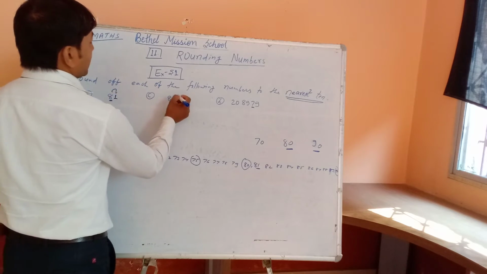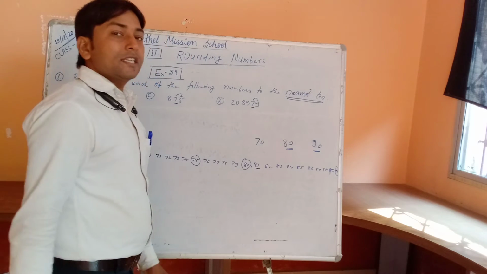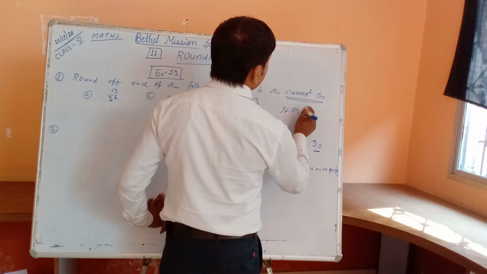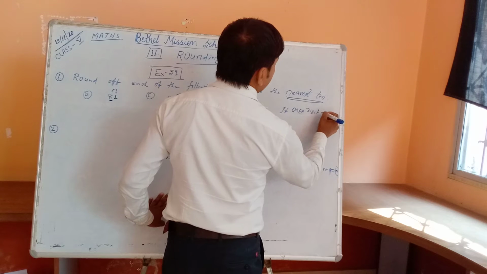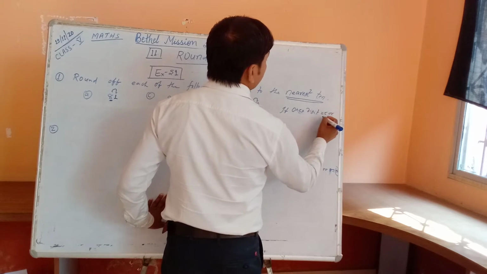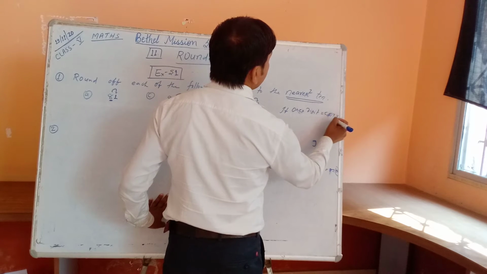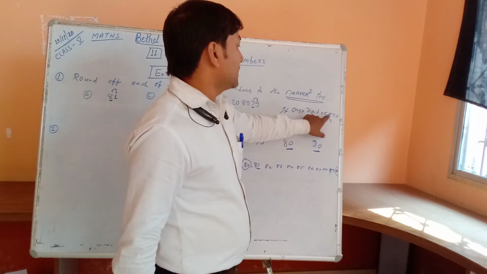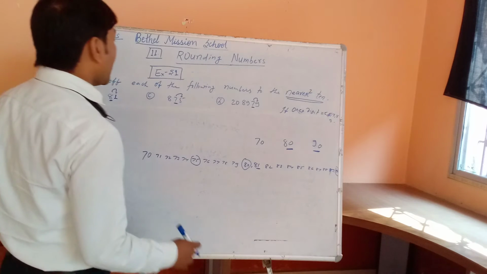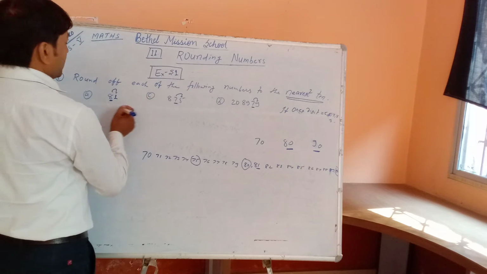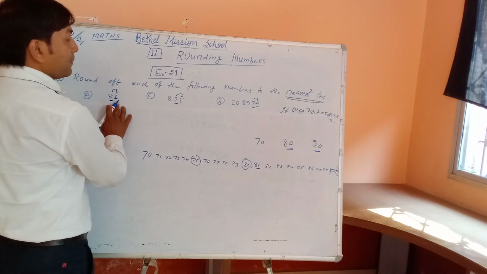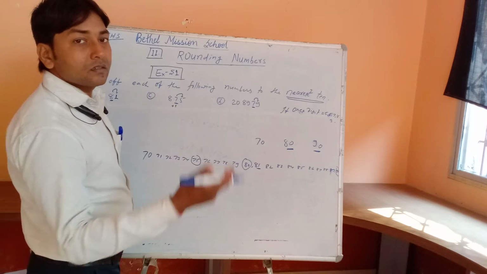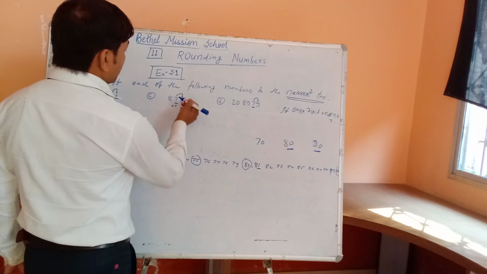If the ones digit is 5 or more than 5, that is 5, 6, 7, 8, 9, then we add plus 1 into the tens place. Okay, so here add plus 1.